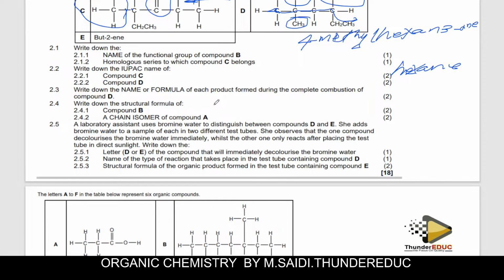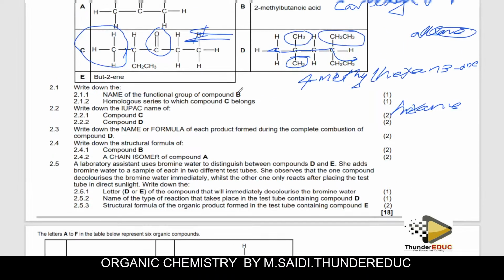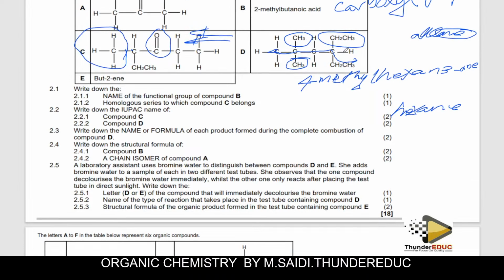Instead of the body taking oxygen, it takes carbon monoxide, and then you end up having no oxygen in the body, and you are most likely to have a stroke, shortage of oxygen in the brain, and then you become weak. Anyway, that's life science. We are in chemistry. Let's continue: complete combustion of compound D, because this is a hydrocarbon.